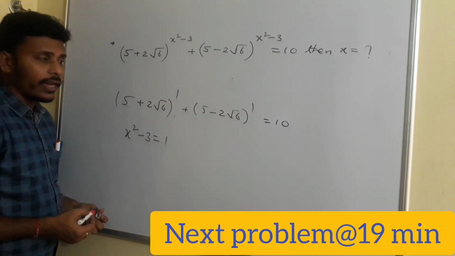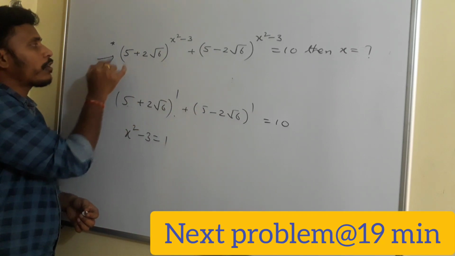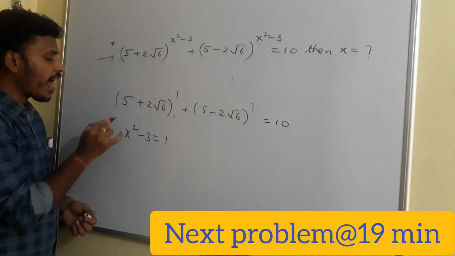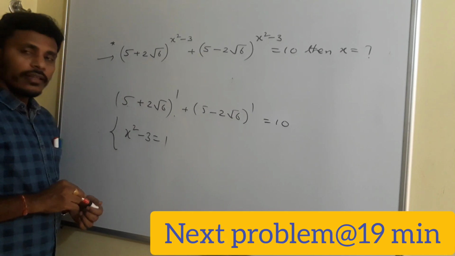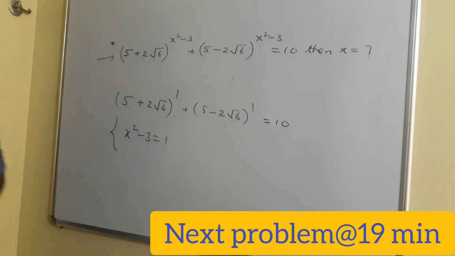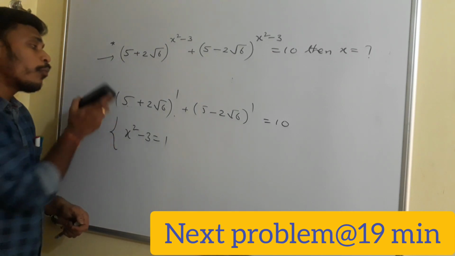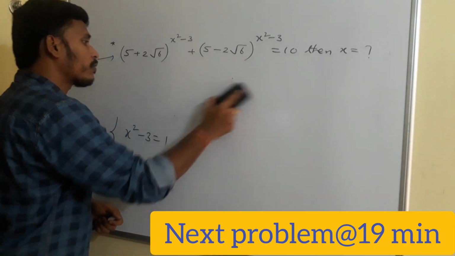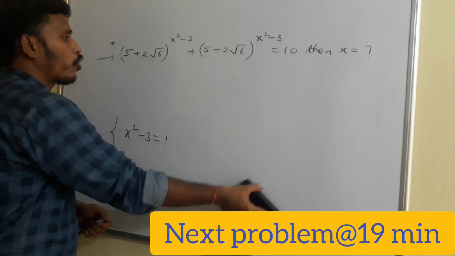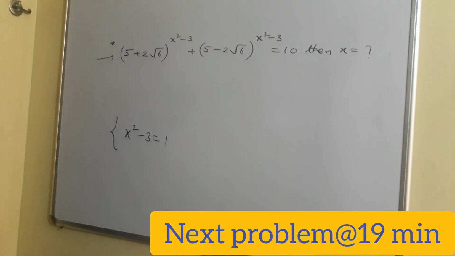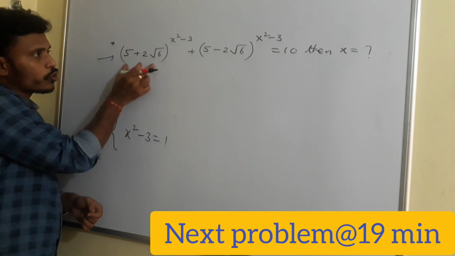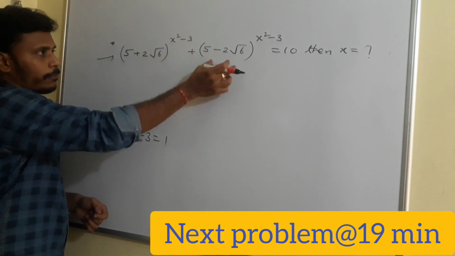But without all that, from the clear observation of the question itself, we have a chance to suppose that x square minus 3 is equal to 1. And one more thing we need to observe from the question itself is, as I told you, the product of 5 plus 2 root 6 and 5 minus 2 root 6 is 1.